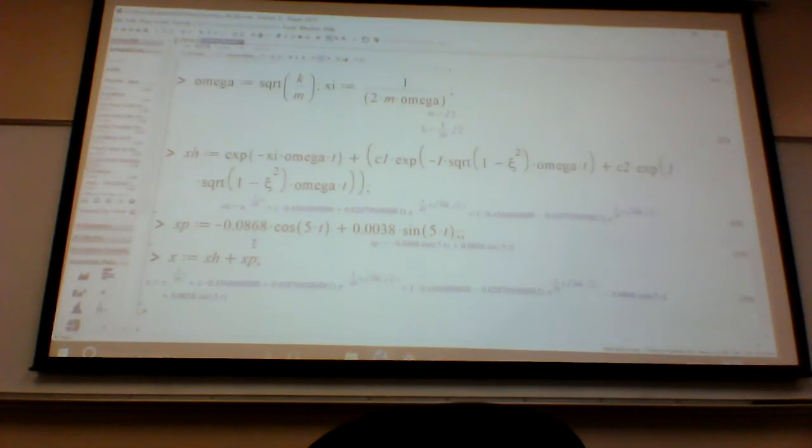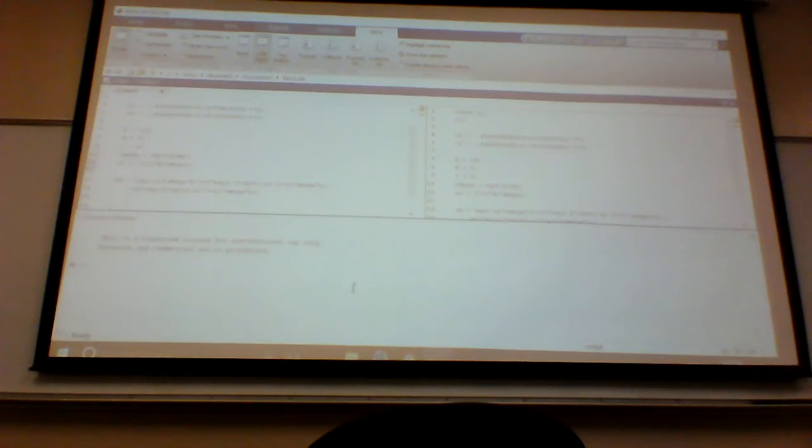We go now to the particular. That should be the easy one. Okay, we can say x equal x homogeneous plus x particular, plot t comma x, say, I can do it more pretty.